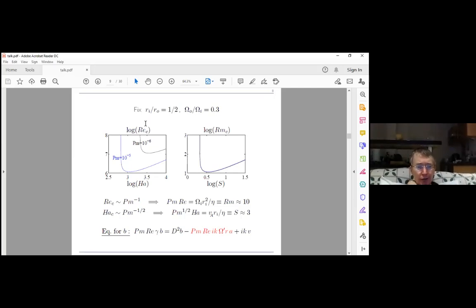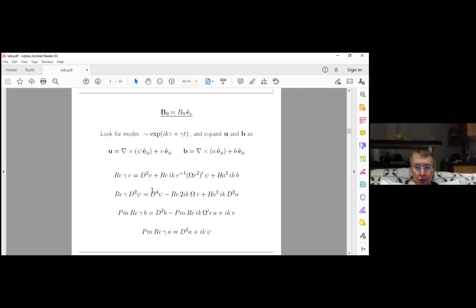So what do we get? Well, plotting the Hartmann number on this axis and the Reynolds number on that axis, we just do the numerical calculations for these equations, and we see how you have to set your various parameters, the Hartmann number and the Reynolds number.